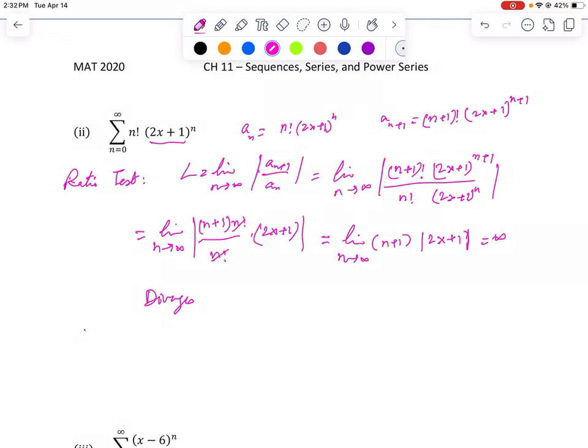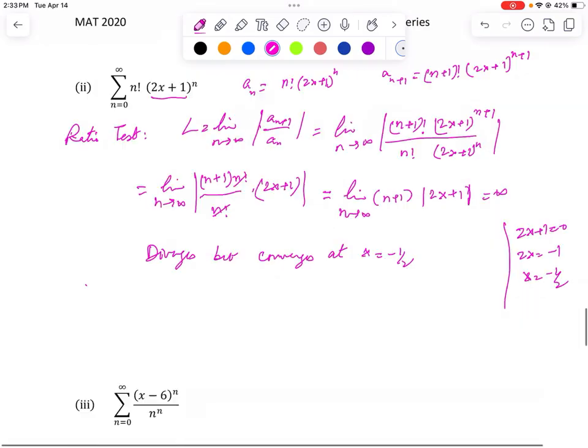So it diverges but converges at, so at what point? 2x plus 1 equal to 0 gives me 2x is equal to negative 1, so x is equal to negative 1 half. So we say it converges at x equal to negative 1 half.